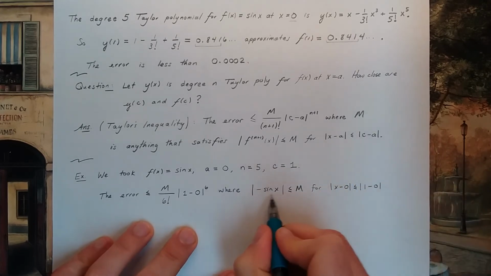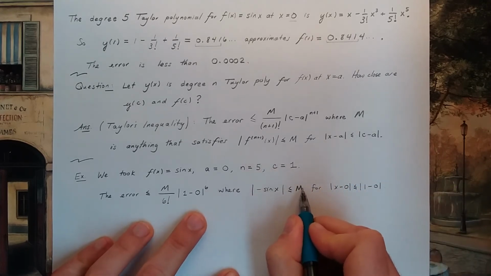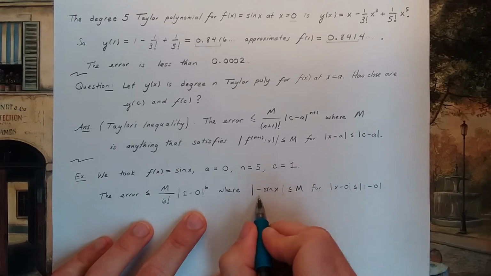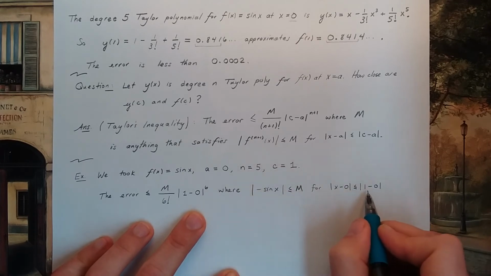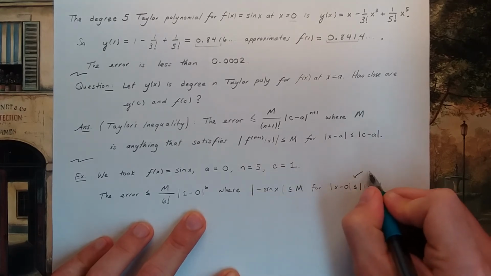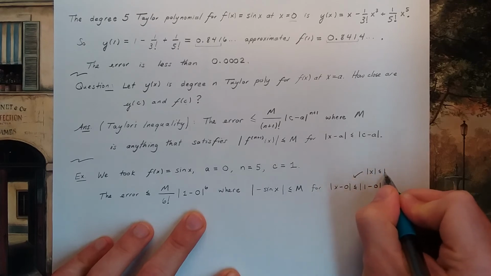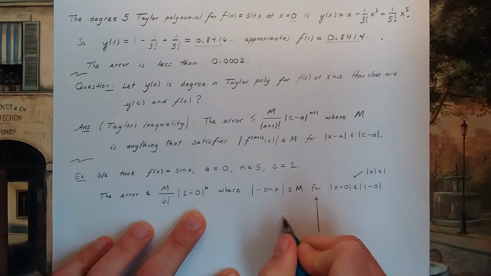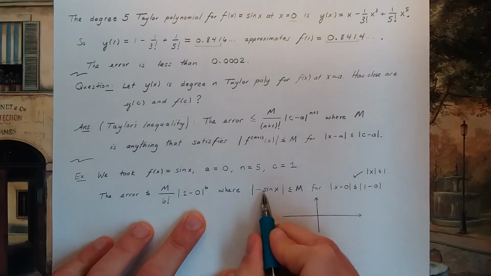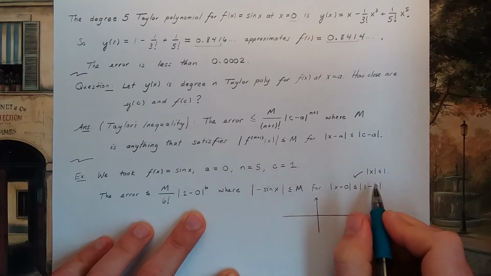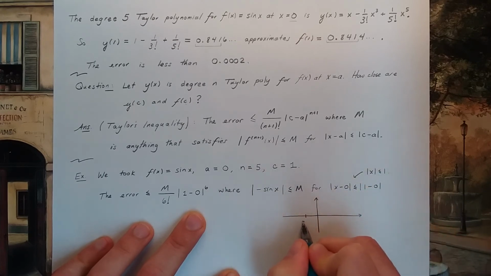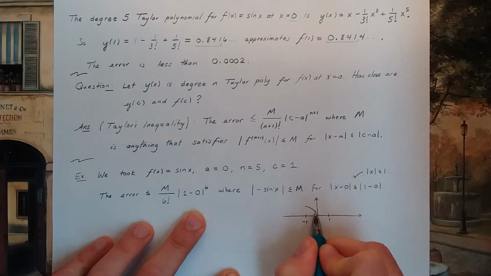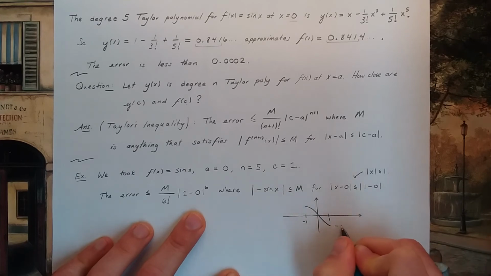So what this condition says is that the value of m has to be greater than or equal to the absolute value of the graph of sine x on this interval. This interval, if you just rewrite it, says x has to be less than or equal to 1. So let me draw the graph of negative sine x on the interval from negative 1 to 1. So here's negative 1. Here's 1. And the graph of negative sine x might look something like that.